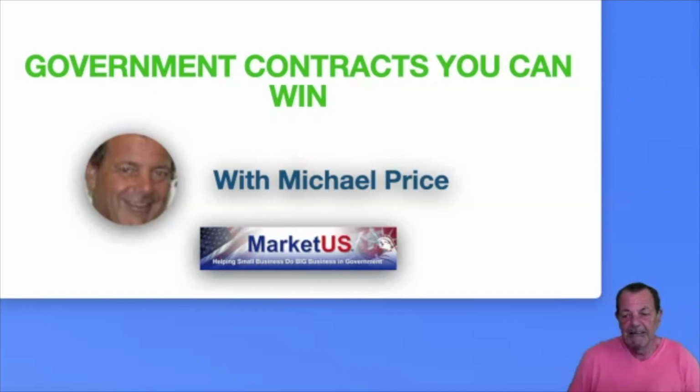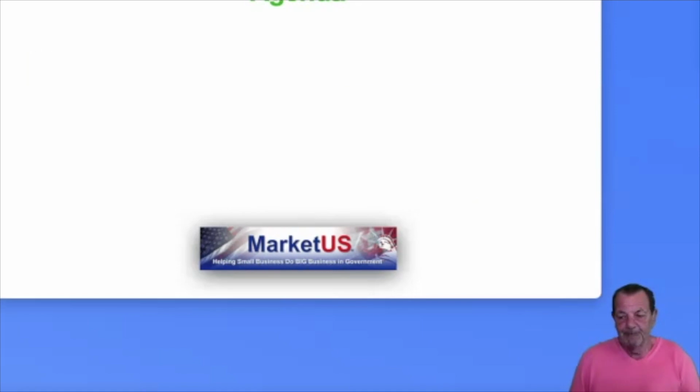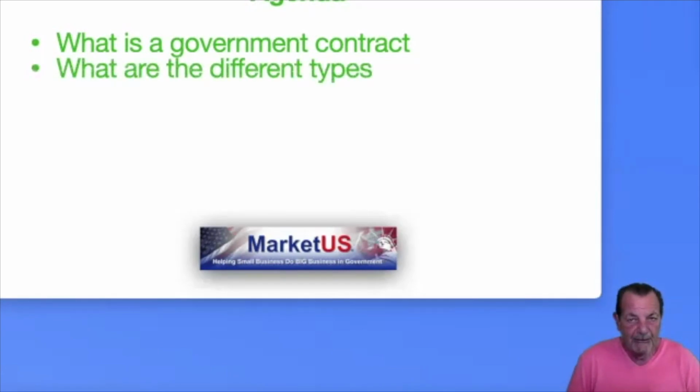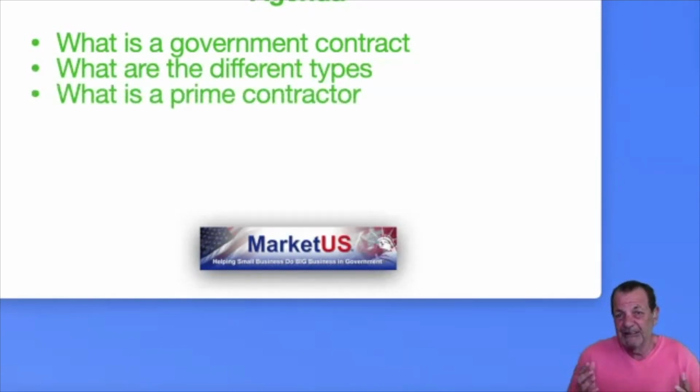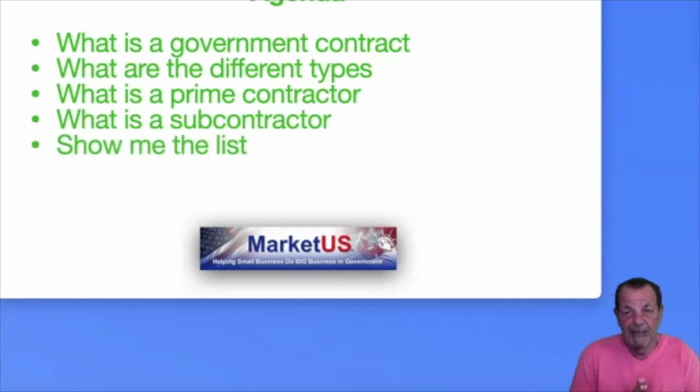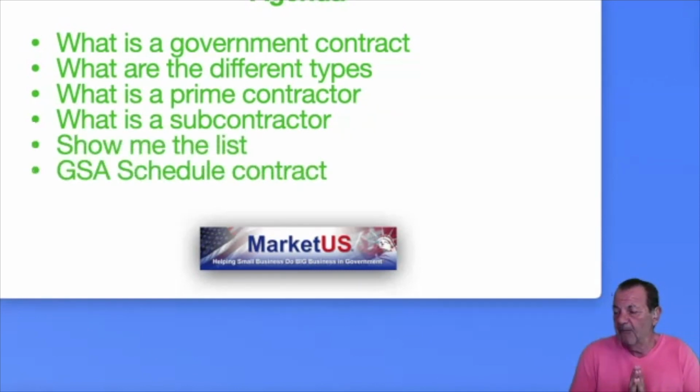And let's get over to the agenda and see what's happening there. What is a government contract? Well, you're all registered on SAM, so you kind of have an idea what a government contract is. Believe it or not, there's only two ways you can go about a government contract.